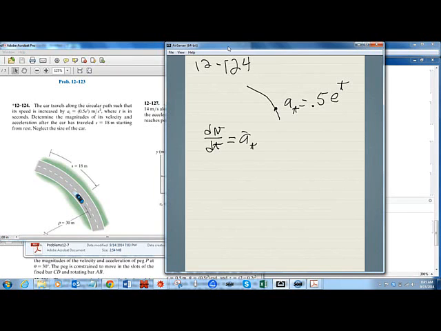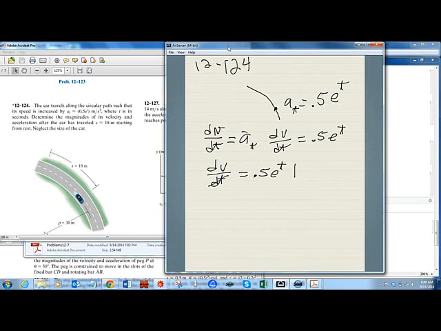So I'm going to write dv dt equals 0.5 e to the t. What kind of equation is that? It's a differential equation. How do we solve differential equations in this class? Separate variables. So I'm going to write dv equals 0.5 e to the t dt.